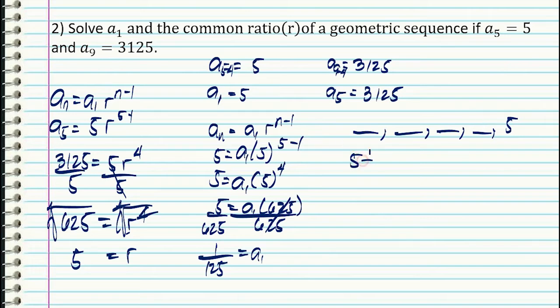We will divide 5 by 5. Since 5 is our common ratio, we get 1. Then 1 divided again by the common ratio, so we will have 1 over 5.